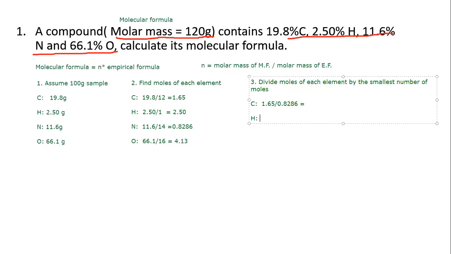So for hydrogen, 2.50. Nitrogen, and oxygen. So we get approximately 2 for the first one.